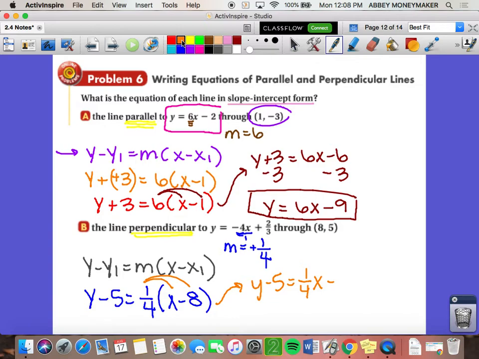If you have 8 things and you wanted to divide them into 4s, you would only have 2. So now the last thing I'm going to do is add the 5. And we get the equation y equals 1/4 x plus 3.